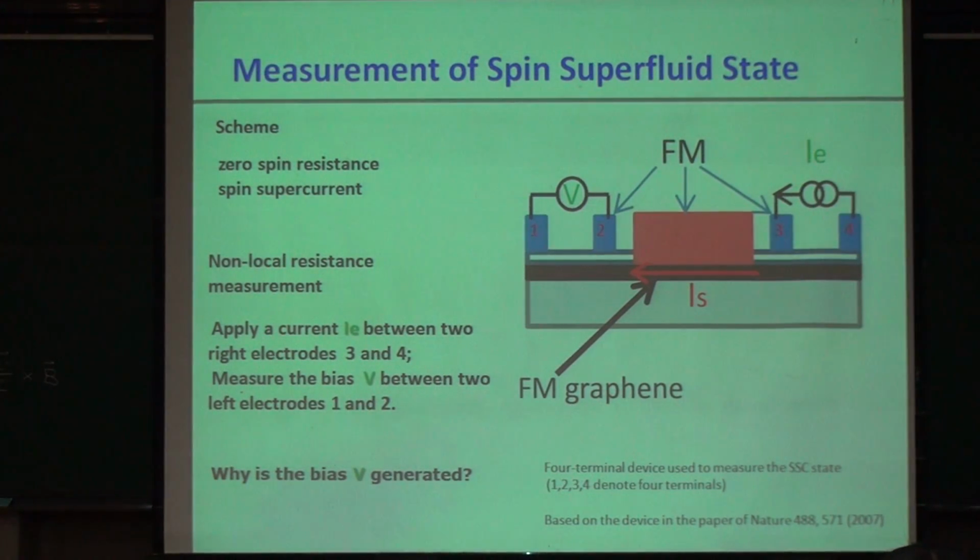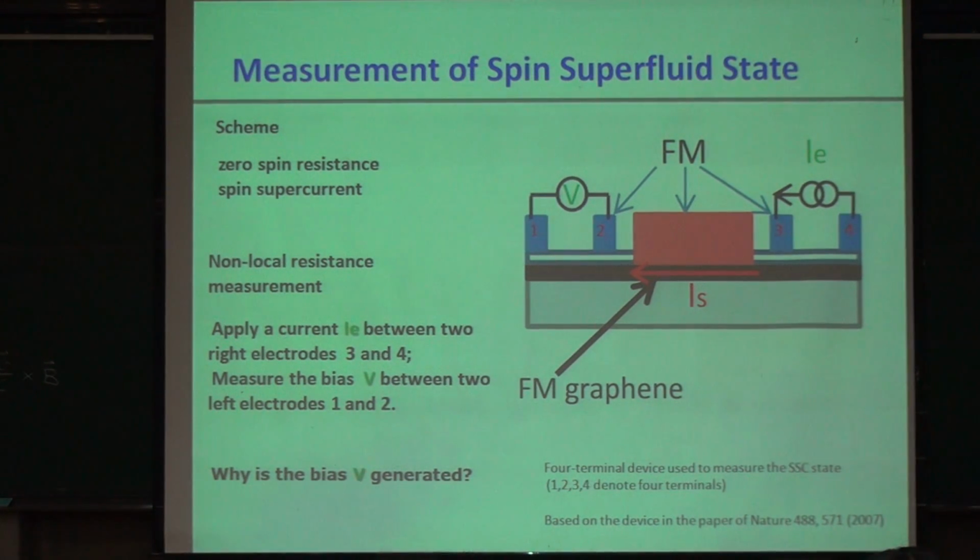Now, in the remaining few minutes, let me try to discuss how you experimentally detect this spin superconductor. Suppose you already have a spin superconductor, how do you detect it?